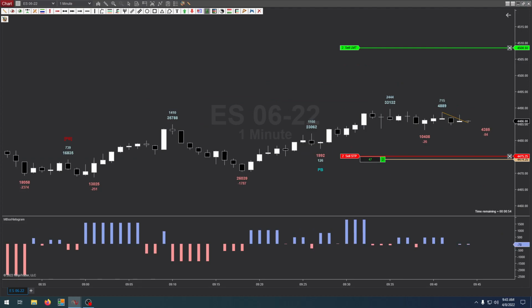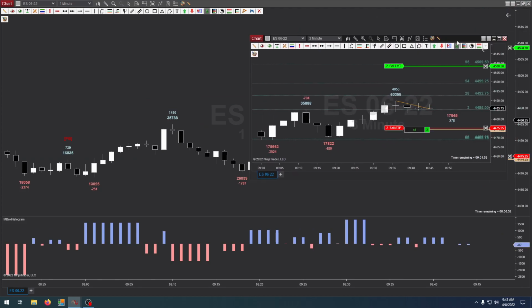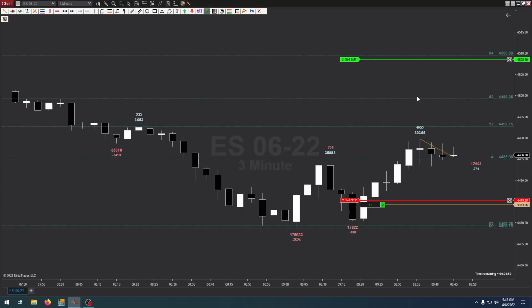I'm going to put the 3 minute really quick because it's getting ready to confirm a swing short, it looks like. Right here. It has to take out this low right here to confirm a swing short right now. This low right here.